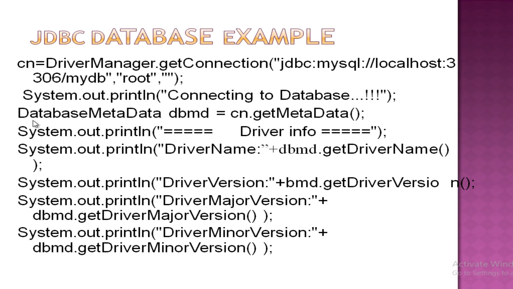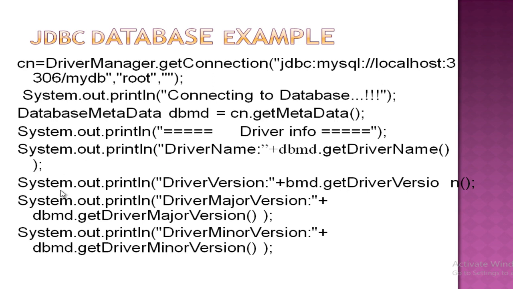Next, we make an object of the DatabaseMetaData, dbmd equal to cn.getMetaData. If we want to fetch any driver information, then we have to use this. For the driver name, dbmd.getDriverName, so we can know which type of driver is used here.